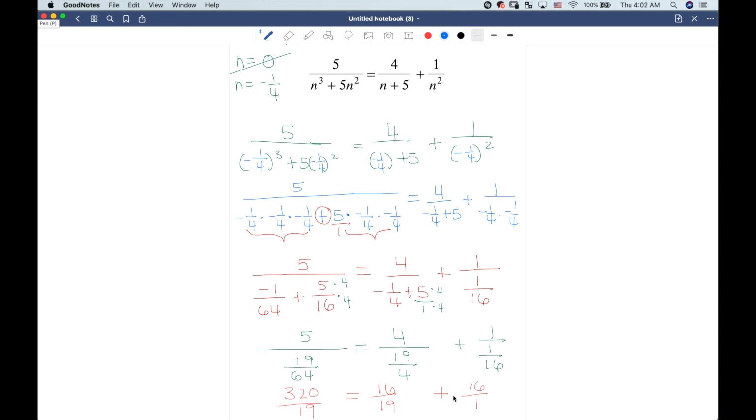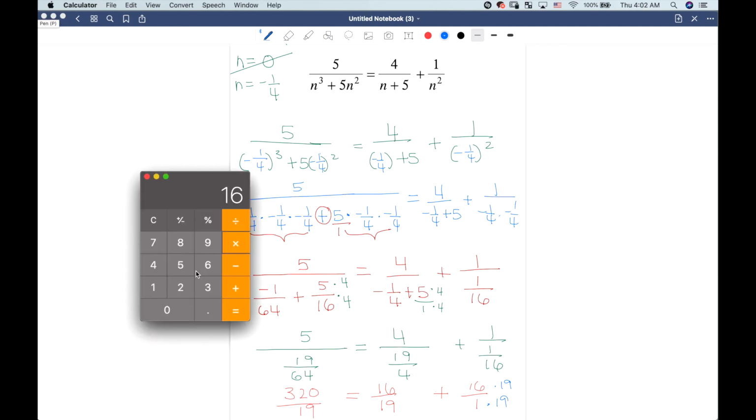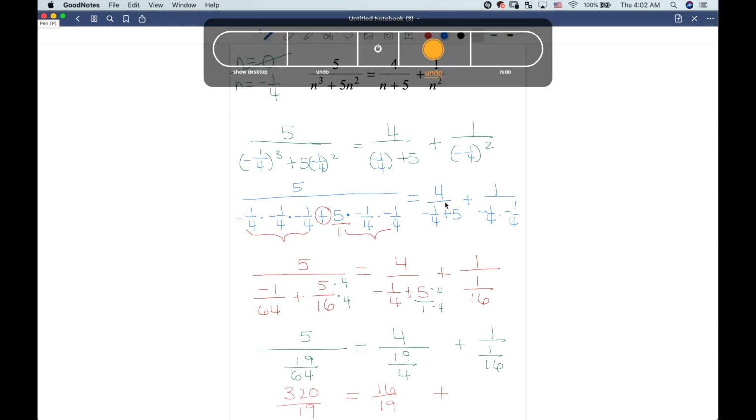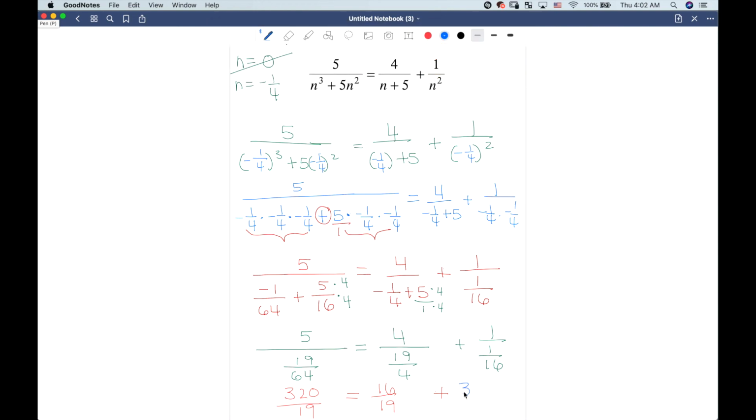So I'm going to turn this 1 into 19 by multiplying it by 19, both numerator and denominator. 16 times 19 is 304. So this is 304 divided by 19.